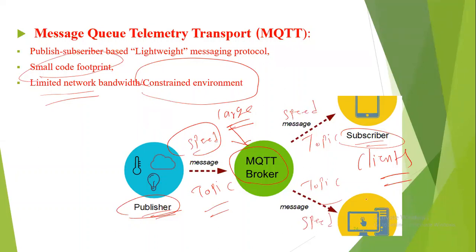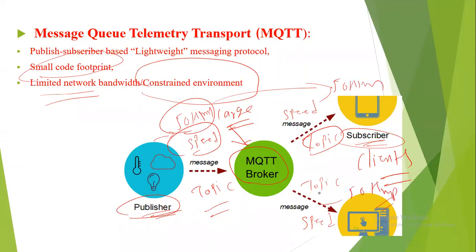Now, whatever information is published related to speed, these subscribers or clients will get that information. Suppose the speed is about 50 km/h. These clients will get this information because they have subscribed to that topic. So this one will get 50 km/h, and this one also gets 50 km/h.